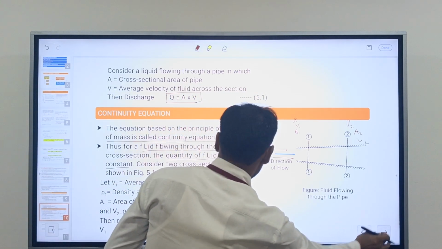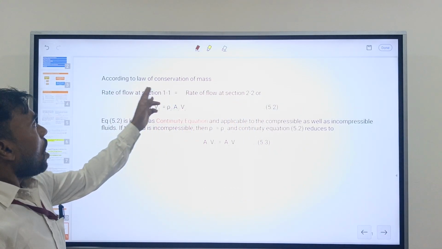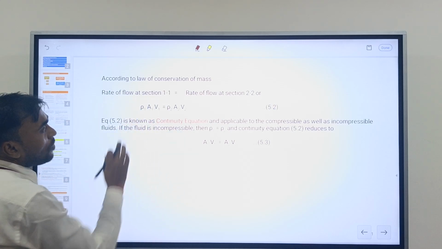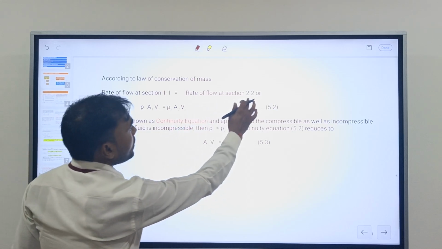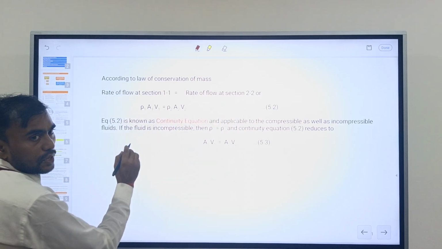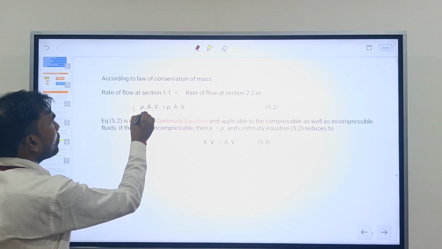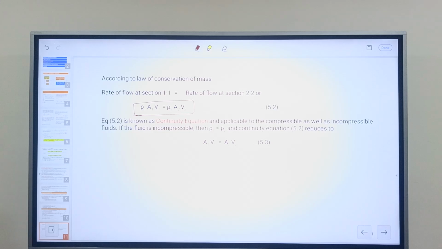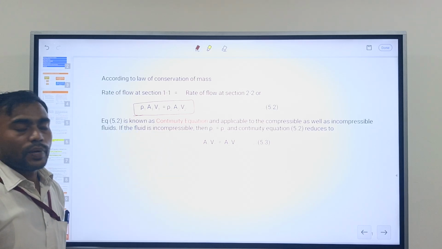Now, law of conservation of mass, rate of flow at section 1 will be equal to the rate of flow at section 2. So it can be written as ρ1 V1 A1 equal to ρ2 V2 A2. And this is the general equation for the continuity equation, which you can use for the further numerical problem.